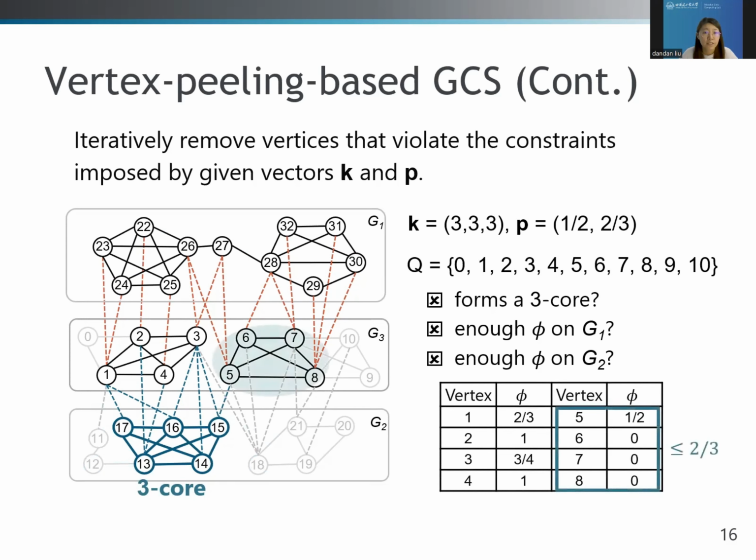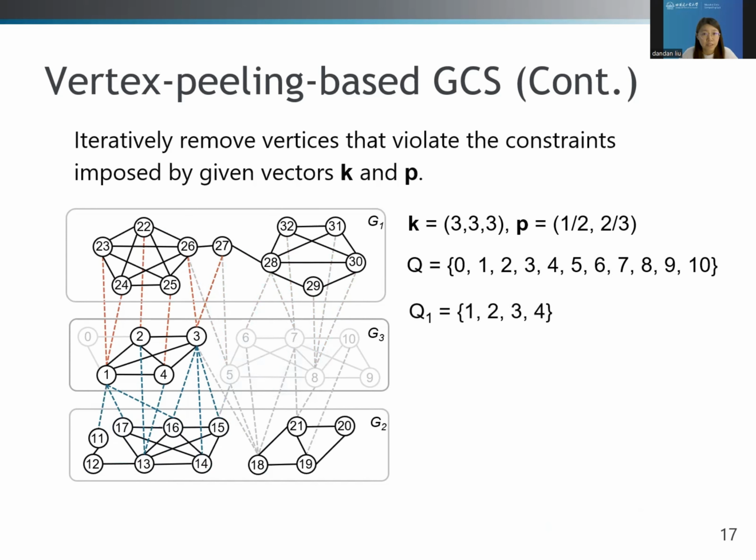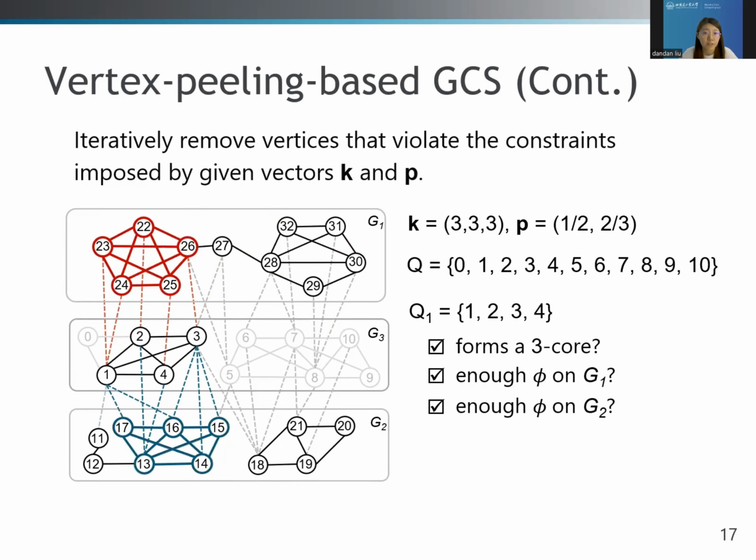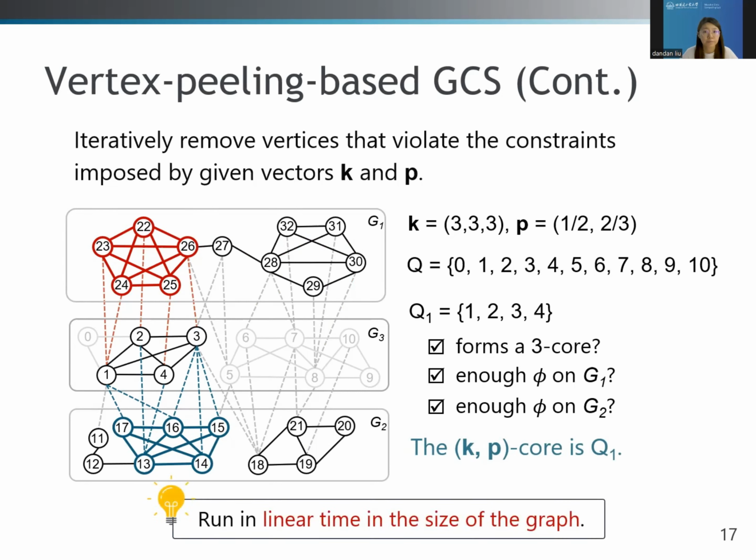This time, 4 vertices are removed. Now, Q is updated to Q1, and we apply the same checking process to it. Fortunately, it meets all requirements and forms the target KP core. The entire process runs in polynomial time in the size of the graph.